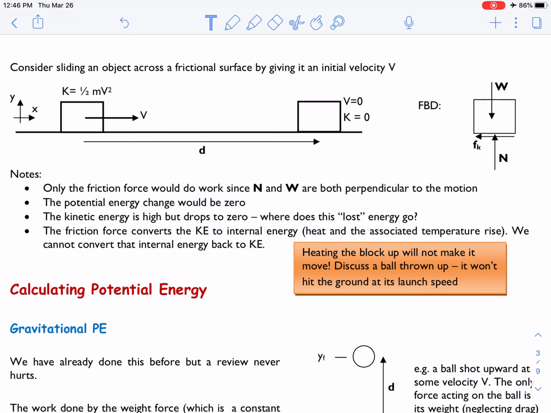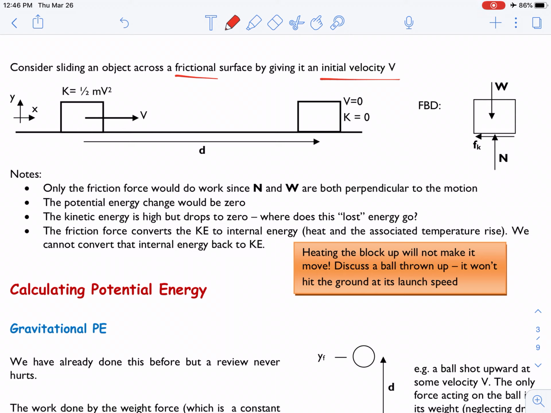Okay, so we are considering an object sliding across a frictional surface, by giving it an initial velocity. But again, how we give that initial velocity is not what we focus on. There was a force, probably an applied force, maybe we pushed it, but then we are no longer holding the object, so the force is no longer there, but we gave it an initial velocity.